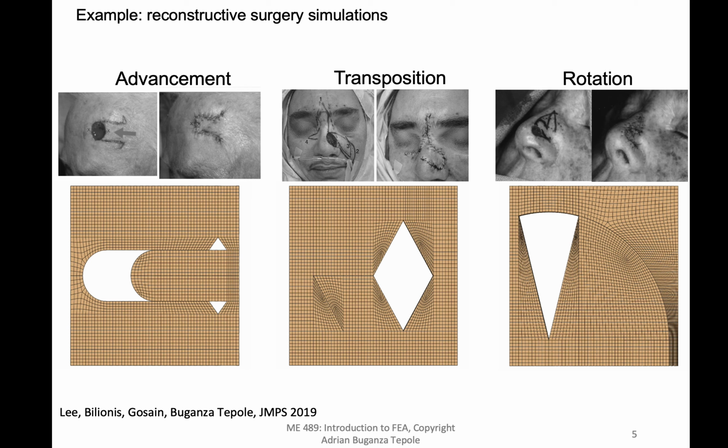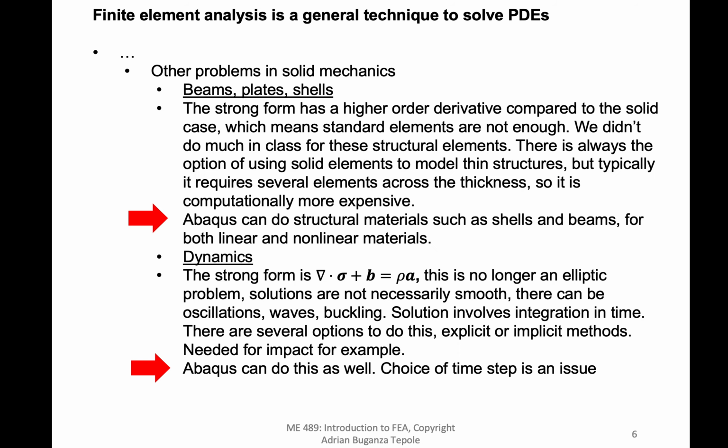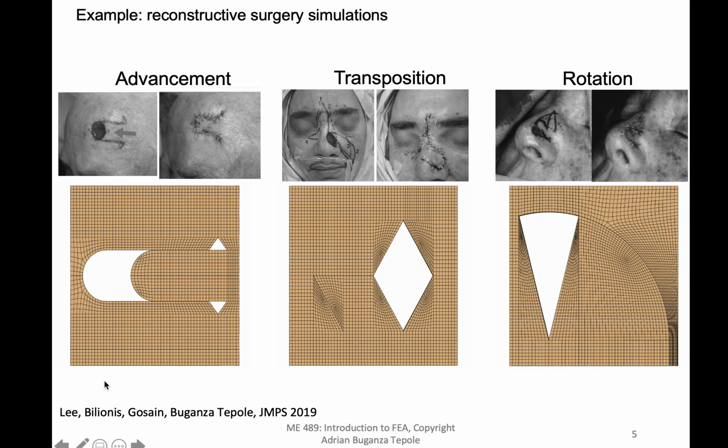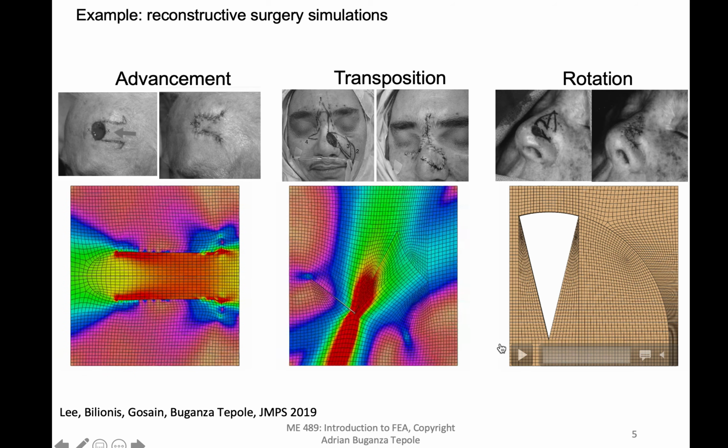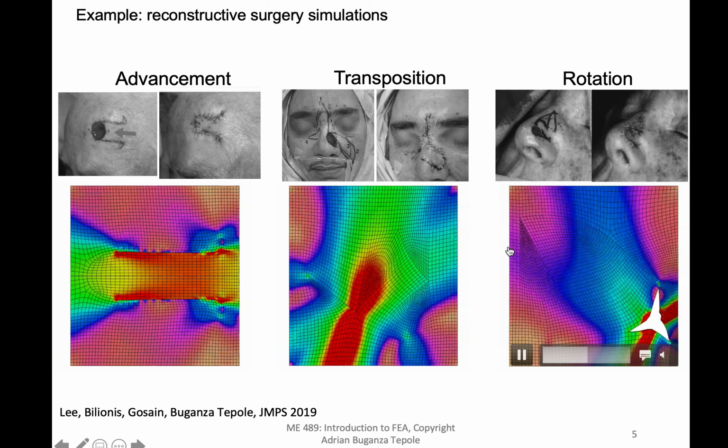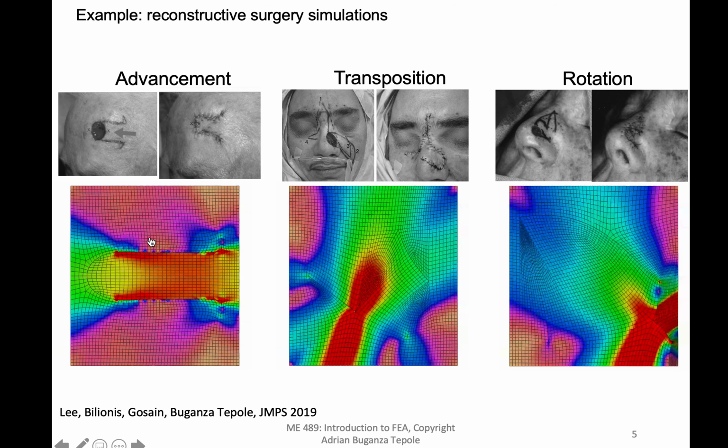As I said, one of the examples is for soft tissues. So you can see this is something that we do in my research group. We try to get different ideas for reconstructive surgery, which lead to very different stress profiles. So in this case, you can see that the strains are definitely above 1%, more on the order of 10 to 20%. So then you definitely need the nonlinear geometry.